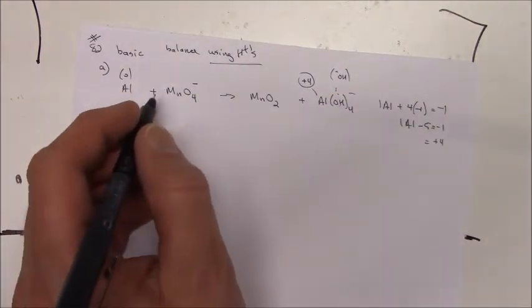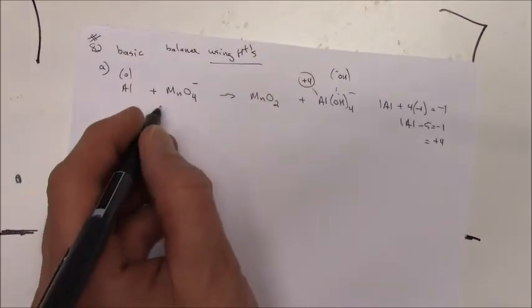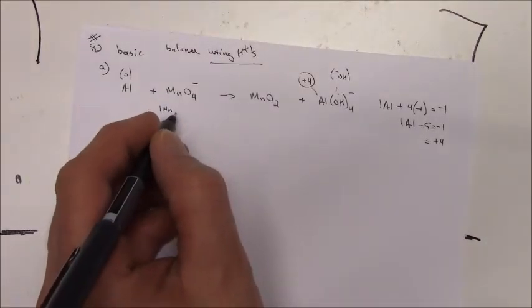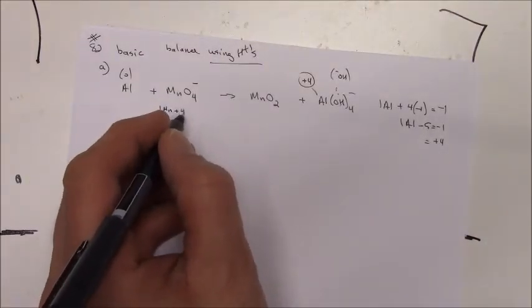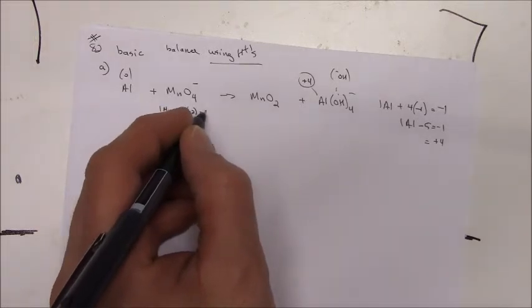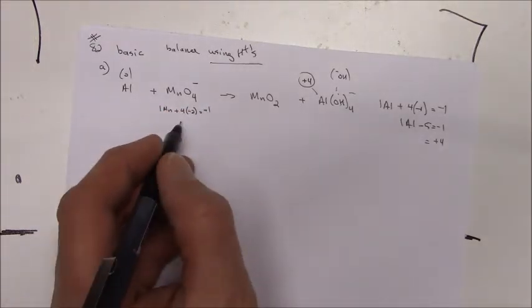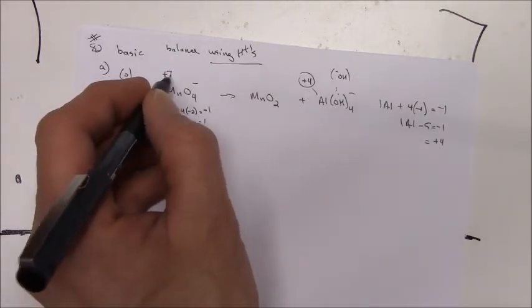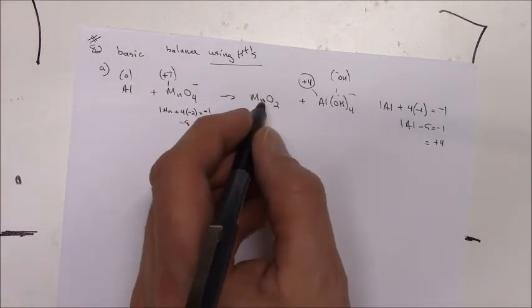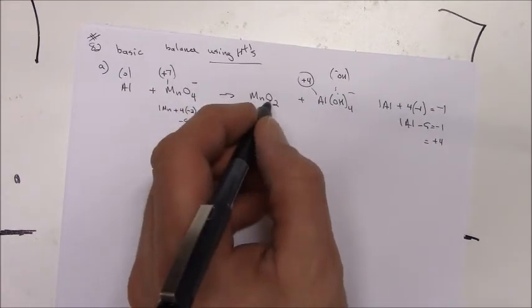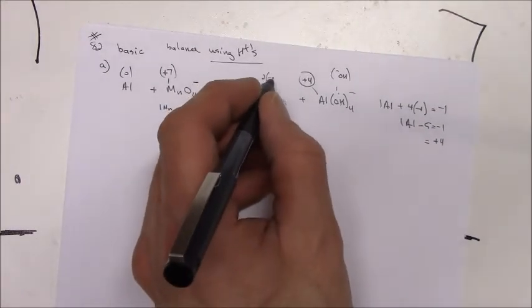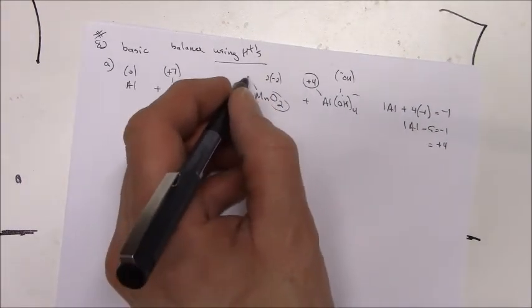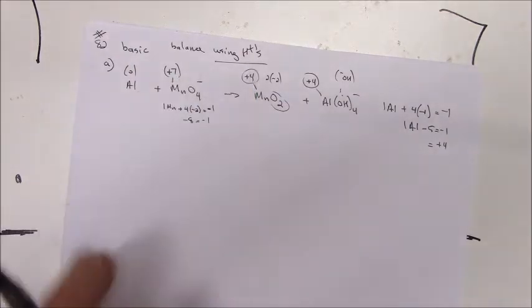Manganate, didn't we just do this? 1 manganese plus 4 -2 oxygens equaling -1. -8, bring it over, plus 7. This one, you've got 2, -2. Bring it over, this is going to be a plus 4.